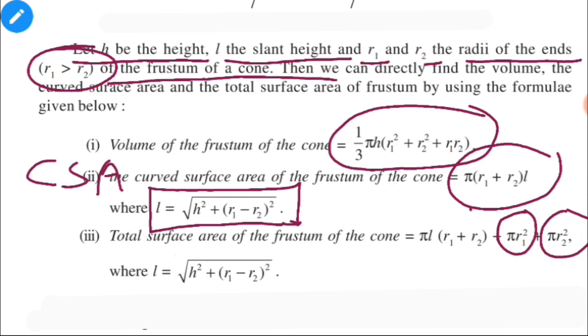So TSA of a frustum of a cone equals pi L into (R1 plus R2), that is CSA, plus pi R1 square, that is base area, plus pi R2 square, that is top area, where L equals root of H square plus (R1 minus R2) whole square.